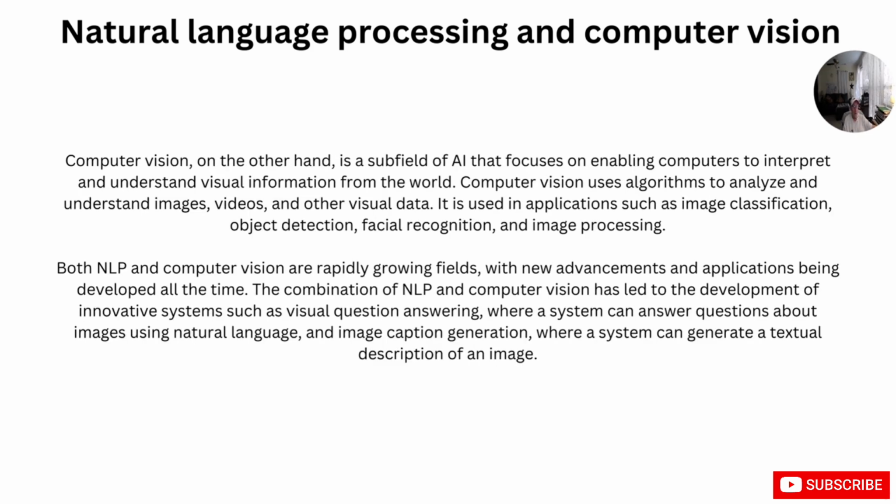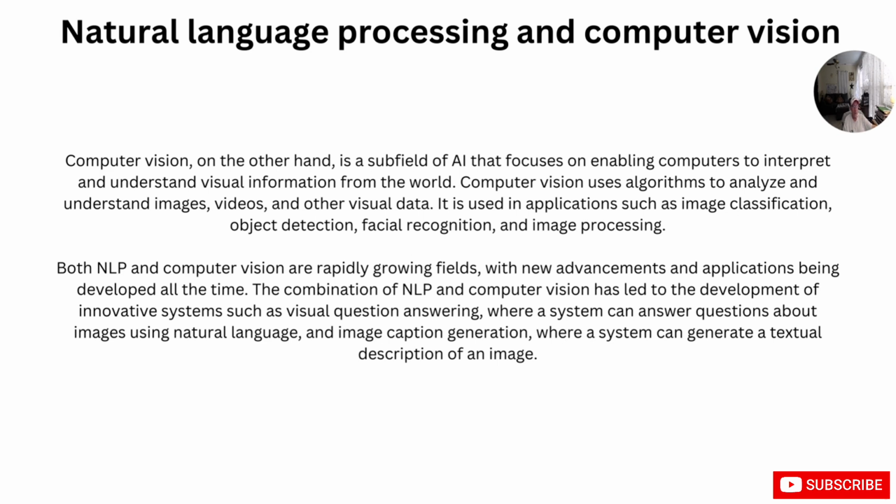Computer vision, on the other hand, is a subfield of AI that focuses on enabling computers to interpret and understand visual information from the world. Computer vision uses algorithms to analyze and understand images, videos, and other visual data. It is used in applications such as image classification, object detection, facial recognition, and image processing.